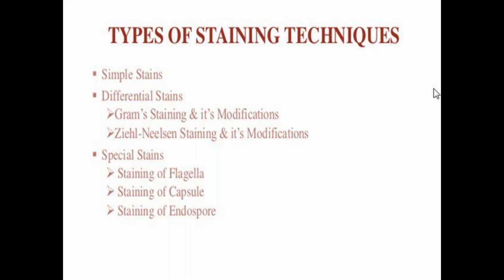For the visualization of bacteria, these structural components can be studied and understood only by using staining techniques. Staining techniques are used for the identification of different structural arrangements, and that is called staining.